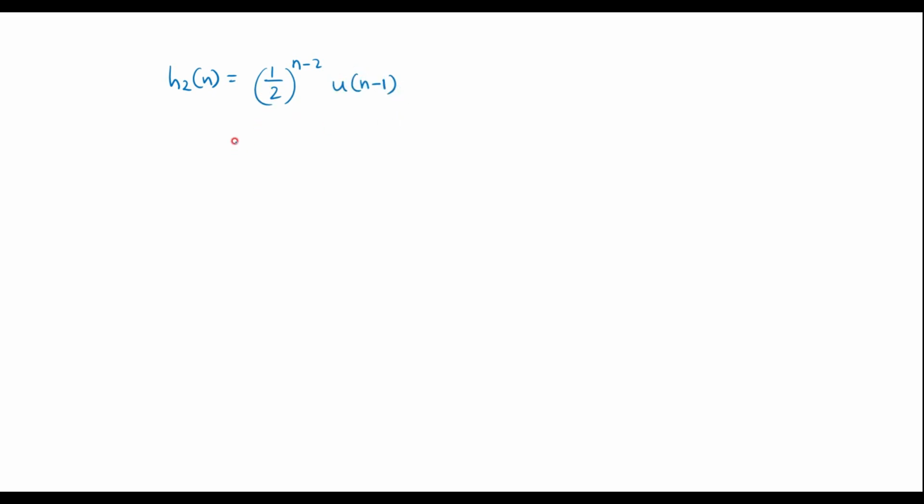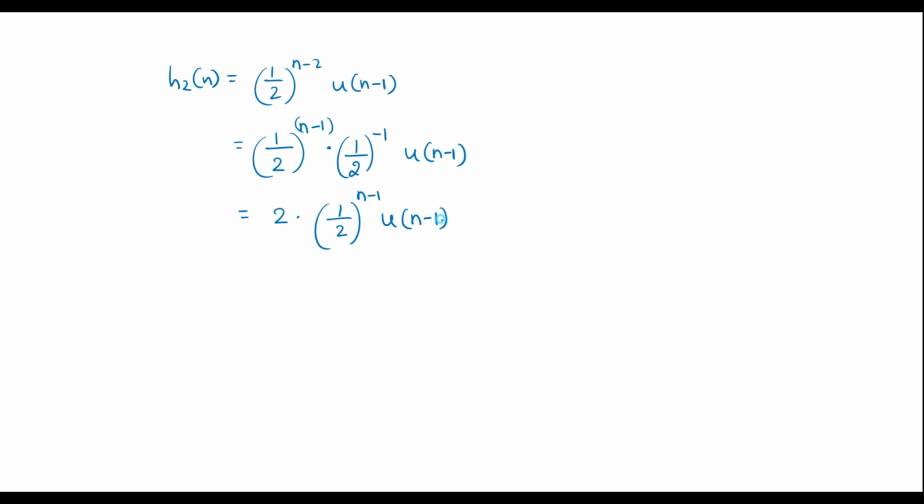I will rewrite this expression as (1/2) power n minus 1 into (1/2) power minus 1, and 1 over (1/2) power minus 1 is nothing but 2. So it is 2 into (1/2) power n minus 1 u of n minus 1.